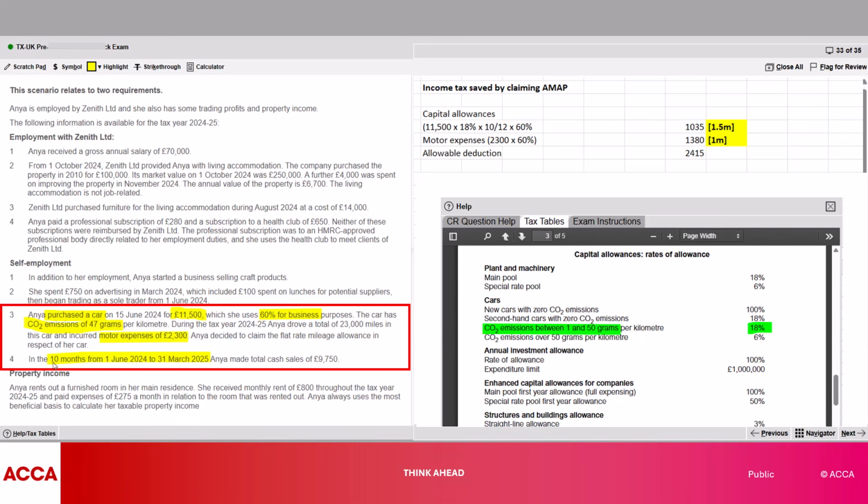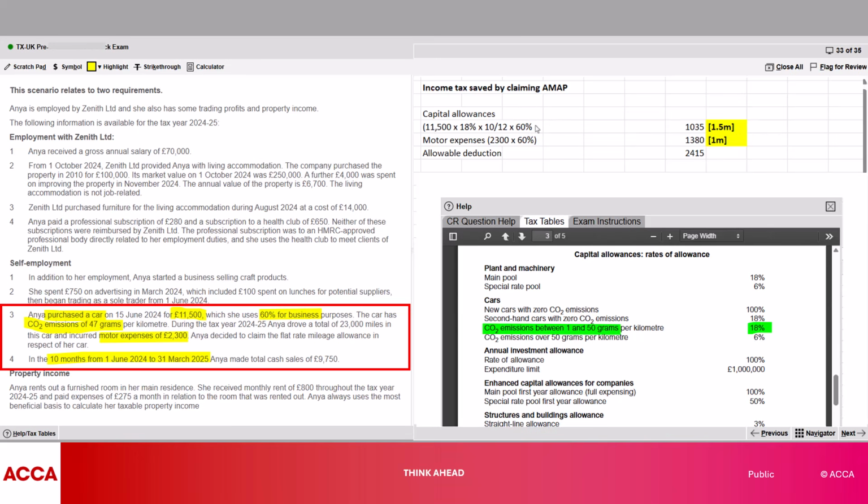And then, just be careful, Anya has only been trading for 10 months of this year. Doesn't matter when she bought the car, it's the length of her accounting period that falls into this tax year that is relevant. So we do 11,500 times 18% times 10/12 times 60%. Doesn't matter about the order of those.